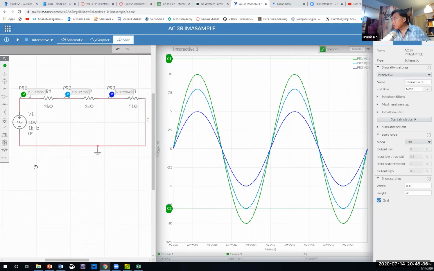So, were there any questions with respect to the homework that you had done previously? Exercises. I know that there were a number of questions that had come up in the Discord conversations, and I have a concern about some of those. Series parallel was one of your circuits, circuit analysis.